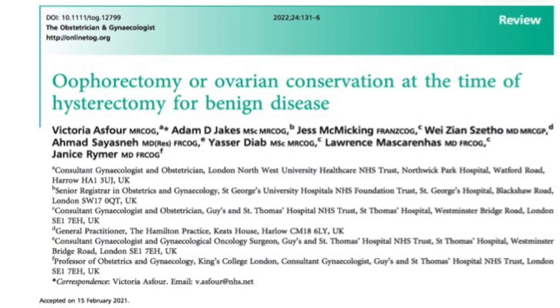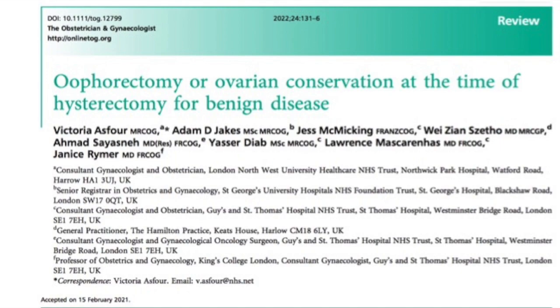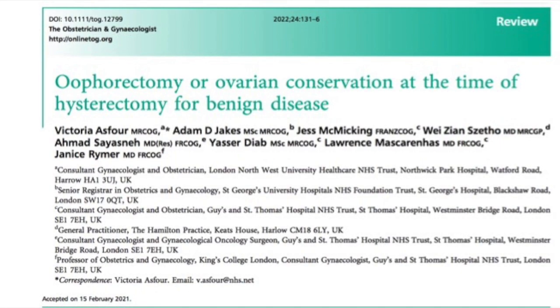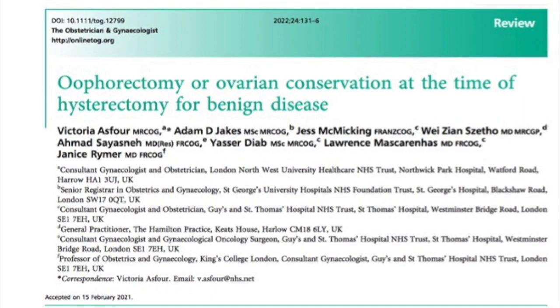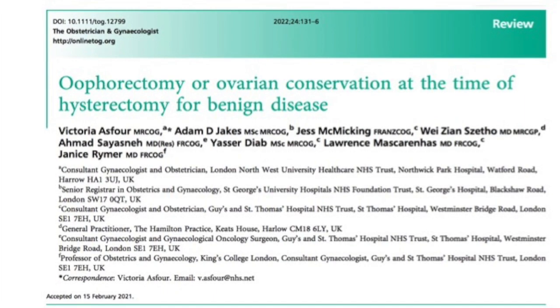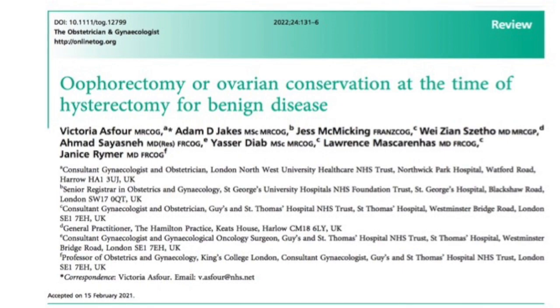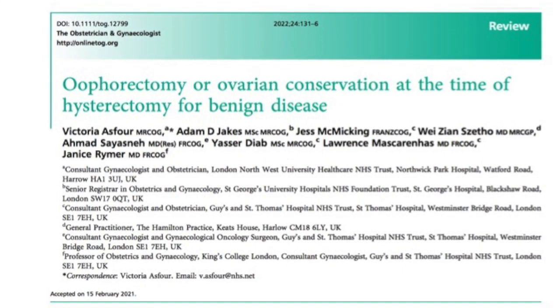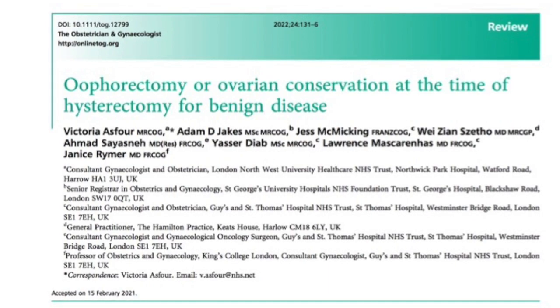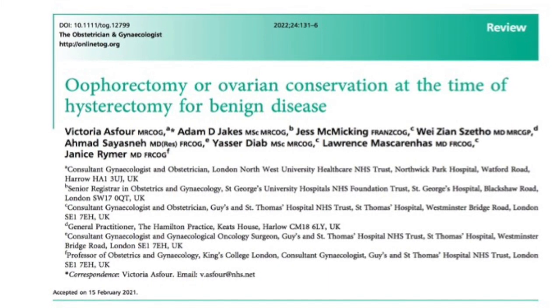Bilateral salpingectomy with ovarian conservation reduces the risk of ovarian cancer whilst preserving ovarian function. Oophorectomy prior to the menopause is associated with increased all-cause mortality and significant menopause-related morbidity. Conservative measures such as weight loss, family planning, and lifestyle advice could reduce the overall lifetime risk of ovarian cancer.